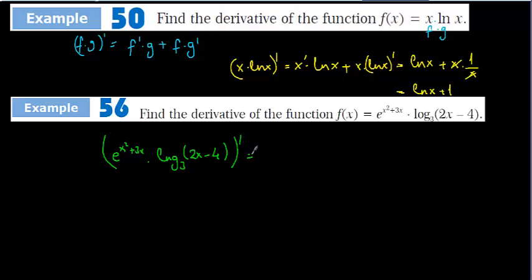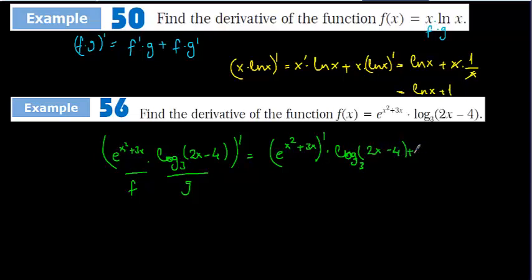The derivative is going to be, firstly, this is f and g, so f derivative times g: e to the power of x squared plus 3x derivative times logarithm base 3 of 2x minus 4, plus e to the power of x squared plus 3x times the derivative of logarithm base 3 of 2x minus 4.